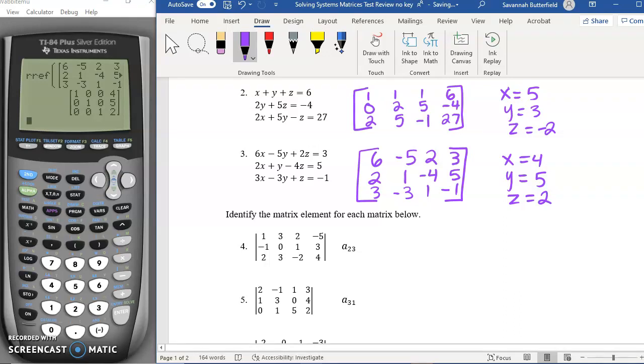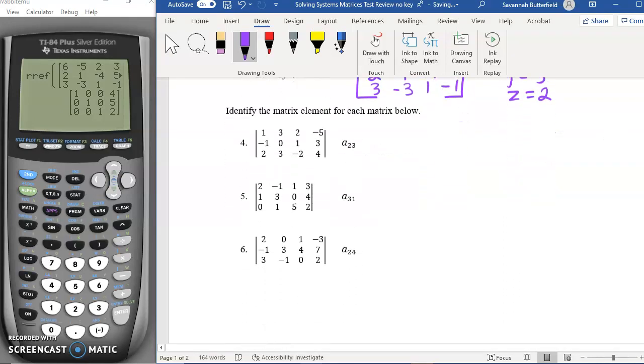So moving on to the next section for 4, 5, and 6, it wants us to identify the matrix element in each matrix below. So this is our matrix for number 4. It wants us to find the element A23. So remember our first number, that is the row, and our second number is the column.